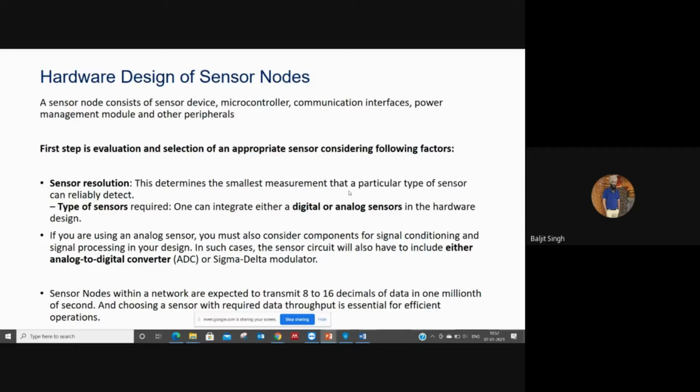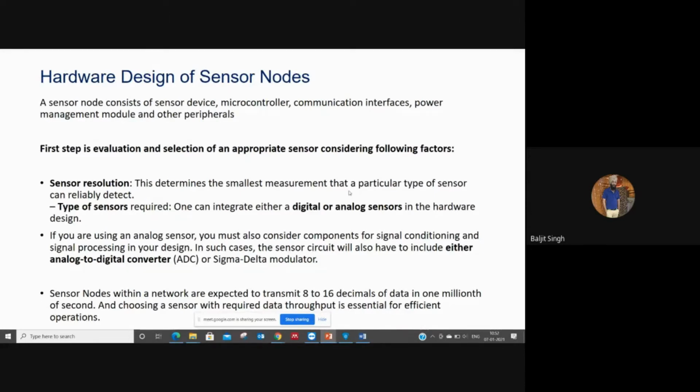If you are using an analog sensor, you must also consider components for signal conditioning and signal processing in your design. In such cases, the sensor circuit will also have to include either an ADC or a sigma delta modulator. The sensor nodes within a network are expected to transmit 8 to 16 decimals of data in one millionth of a second. That means in milliseconds, the data transfer should get completed.